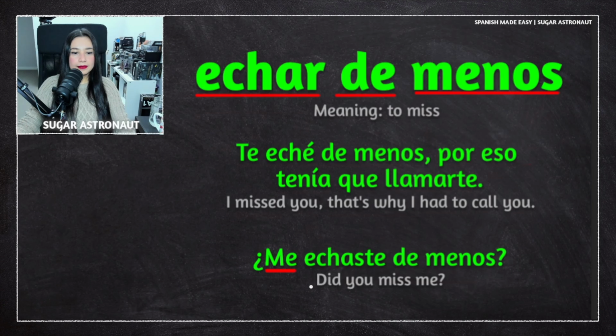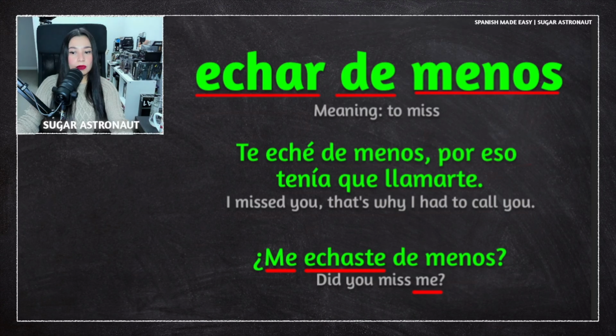Me means me. Okay? Me, the same spelling. So it's easy to remember. Echaste, tú echaste. We don't need tú.